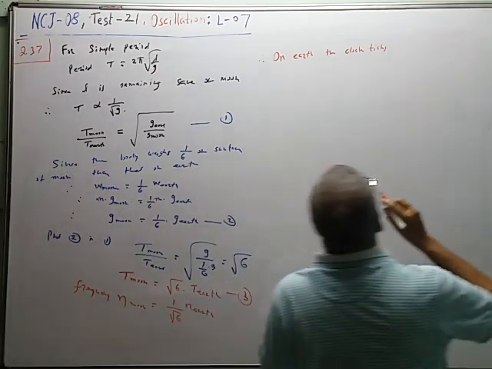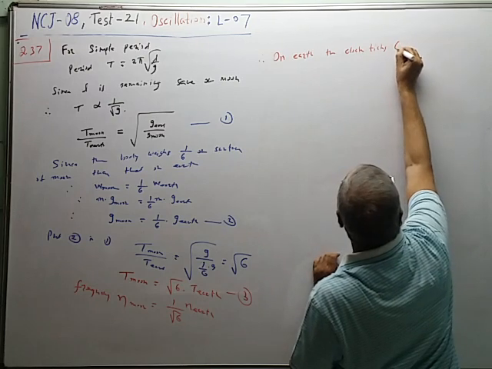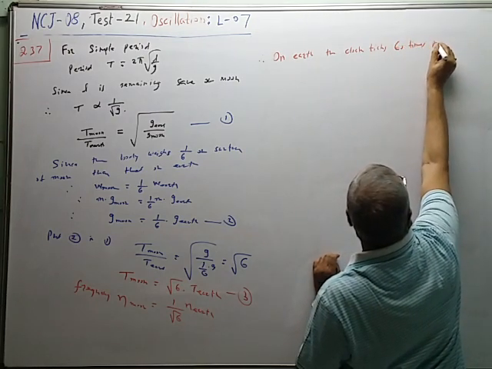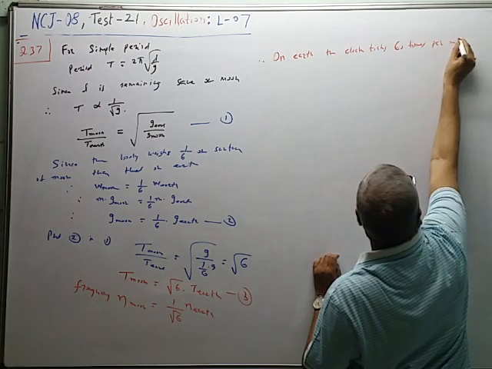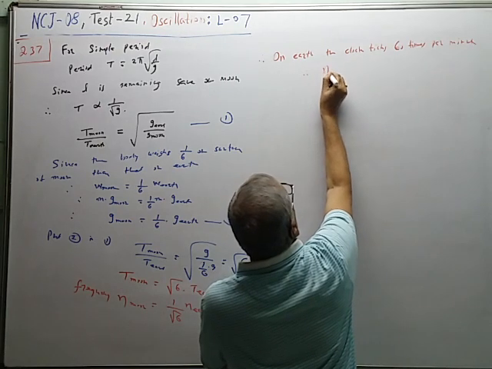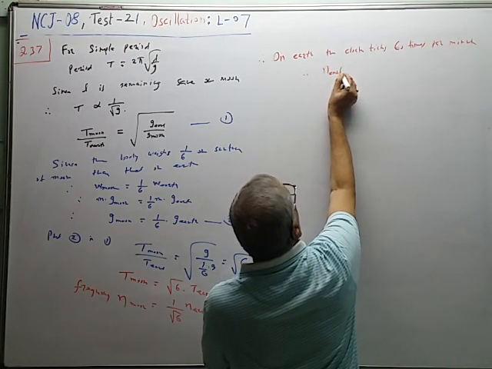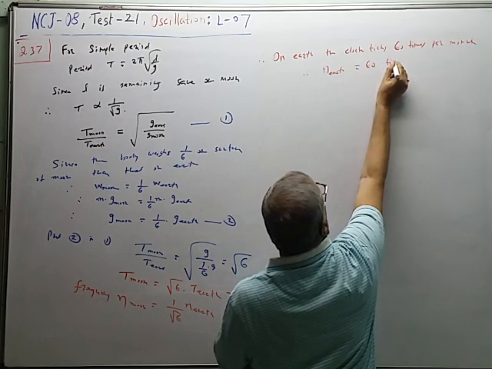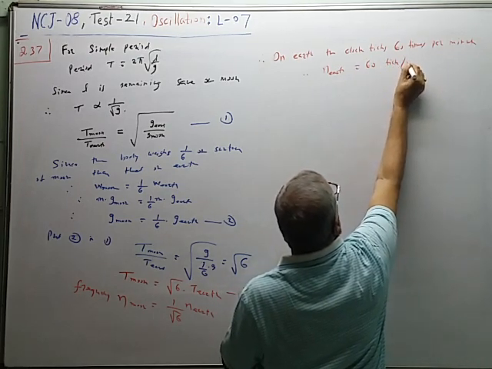Since on earth the clock ticks 60 times per minute, the frequency is per minute, therefore frequency on earth is equal to 60 ticks per minute.